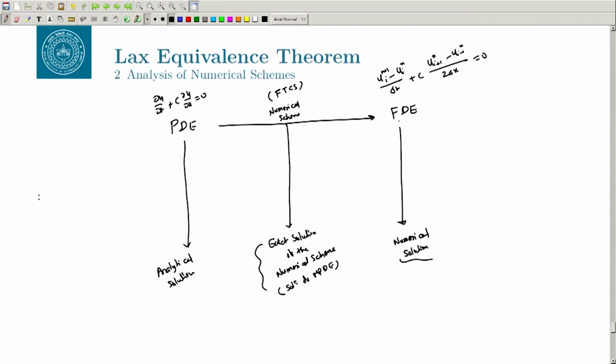This numerical solution is different from the exact solution of the numerical scheme. So, this is your discretized equation, the finite difference equation, or your numerical scheme, and this is the PDE. Why? Because you can have the round off error in between, because of the system precision. Plus, when we are talking about the MPDE, we are basically ignoring some of the higher order terms which are still present in your error.